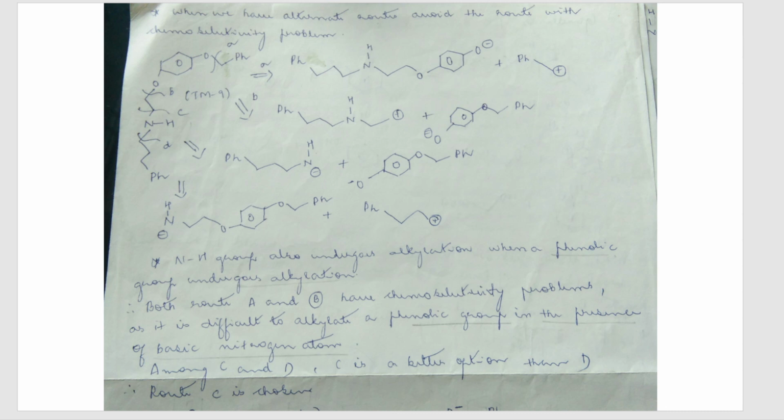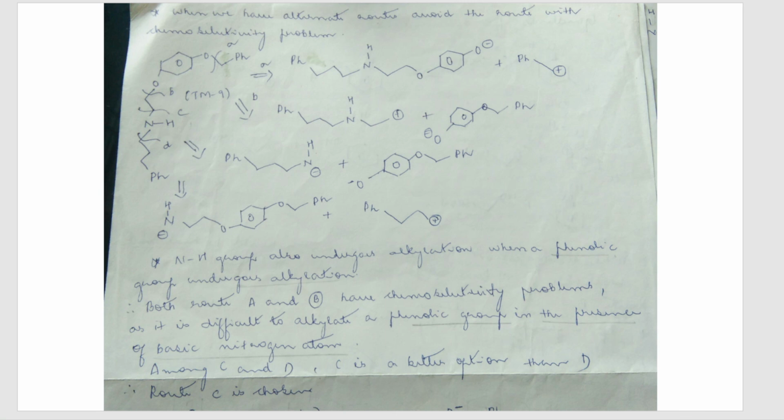So what is there here? We can prefer route C or route D. Okay, so among route C and route D, they're telling that C is a better option compared to D, because route C does not have any chemoselectivity problem here, because in route C we are alkylating the nitrogen itself, the NH group itself, and it prefers to be alkylated. So we are preferring this route C compared to A, B and D. So in this guideline, they're telling us that whenever there are alternate routes available, what will you do?